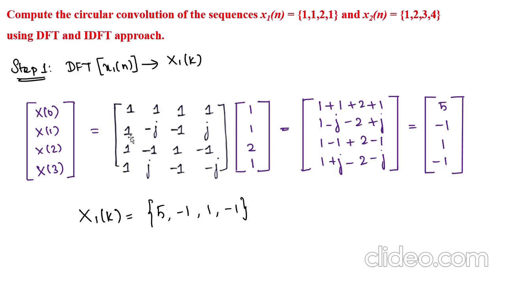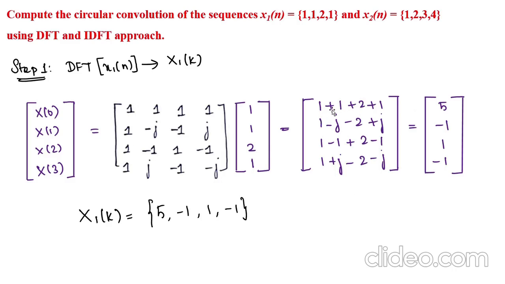Now here 1 into 1 is 1, minus j into 1 is minus j, minus 1 into 2 is minus 2, j into 1 is plus j. Next, 1 into 1 is 1, minus 1 into 1 is minus 1, 1 into 2 is plus 2, and minus 1 into 1 is minus 1. Finally, 1 into 1 is 1, j into 1 is plus j, minus 1 into 2 is minus 2, minus j into 1 is minus j. So this is how I got this.